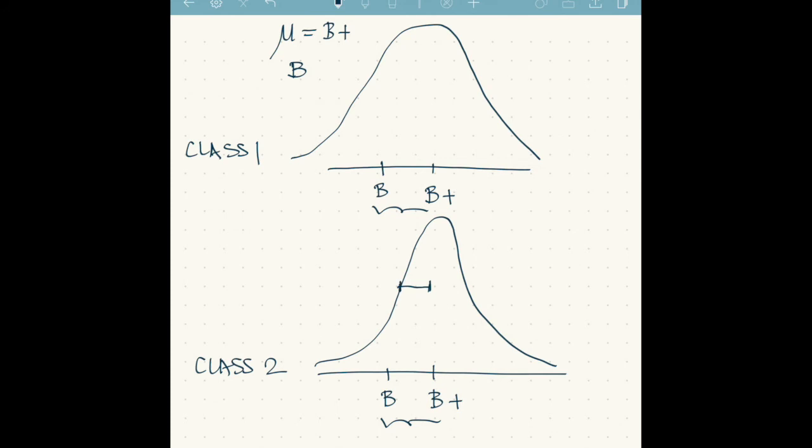Obviously in the second class, while you're only 1 grade away from the mean, you're about 1 standard deviation away from the mean. While in the first class, while you're still 1 grade away from the mean, you're still within 1 standard deviation and you're still close to a lot of other students in your class. So clearly you would worry more about class 2.